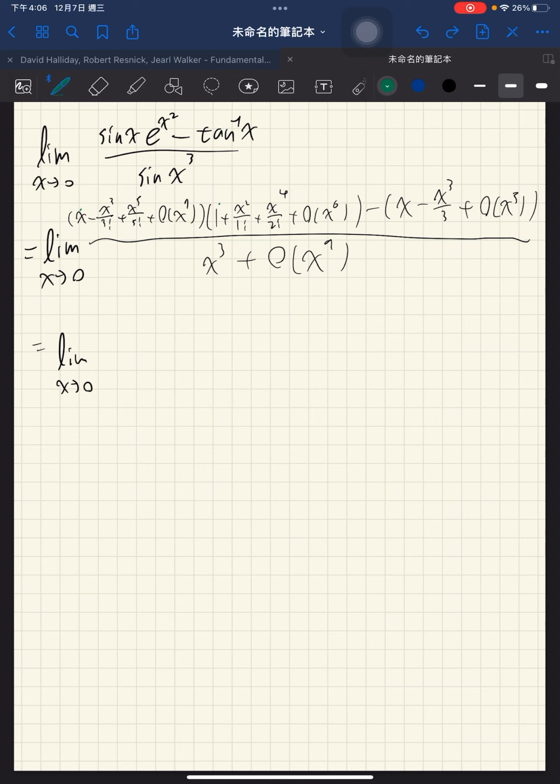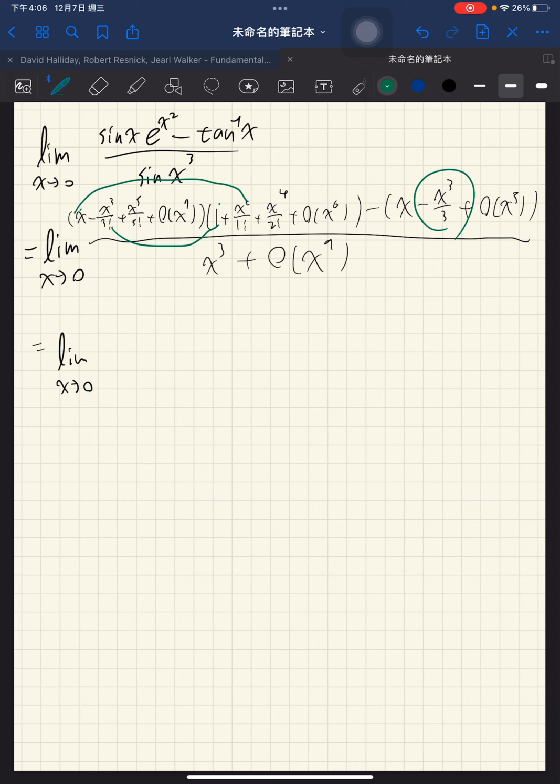And the third power, we can have this times this, and this times this, and we will have another third power terms here.